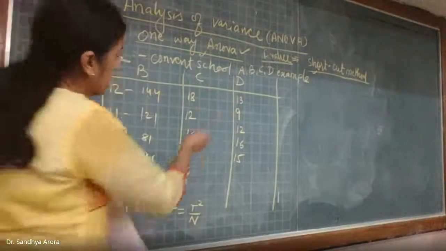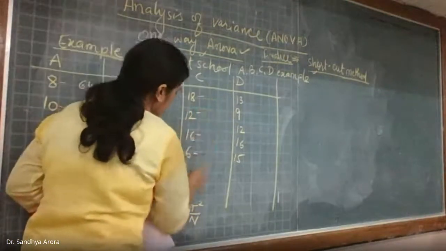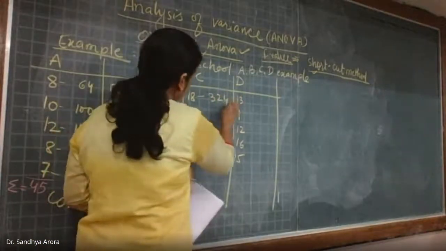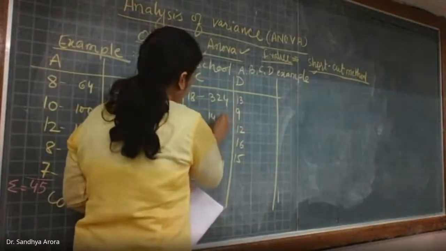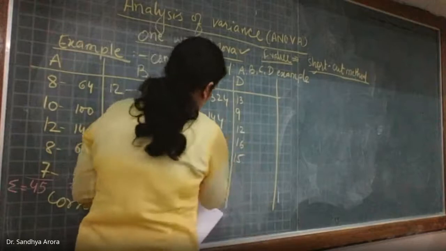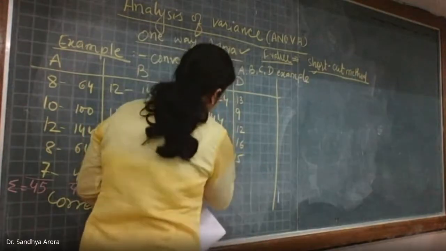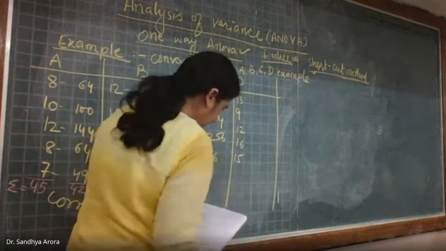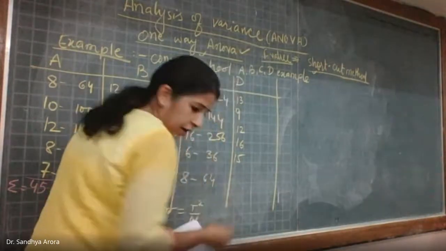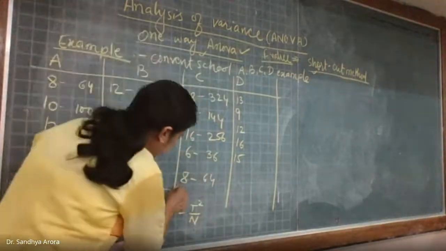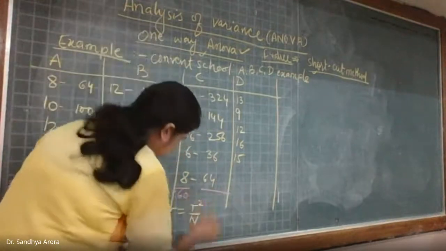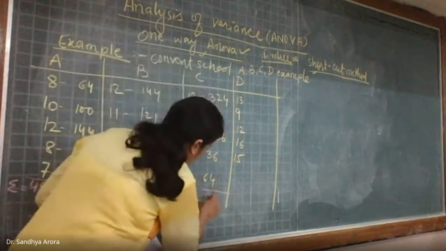Okay, do the same thing for these samples also. 18 square is 324, 12 square is 144, 16 square is 256, 6 square is 36, 8 square is 64, and do the summation here. This summation is 60 and this summation is 824.